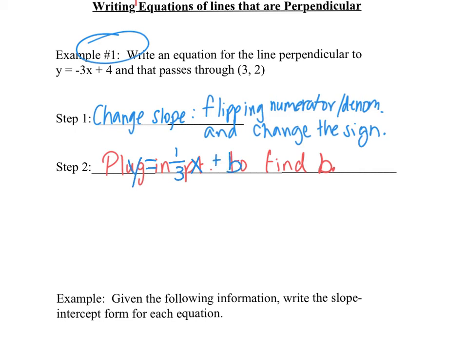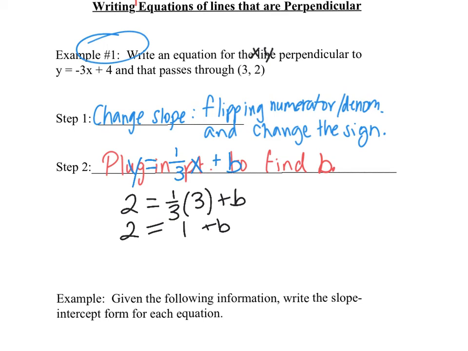We don't know b yet, so we're going to put plus b. What's my point? 3, 2. So I'm going to plug in 2. 2 equals 1/3 times 3 plus b. 1/3 times 3 is 1.